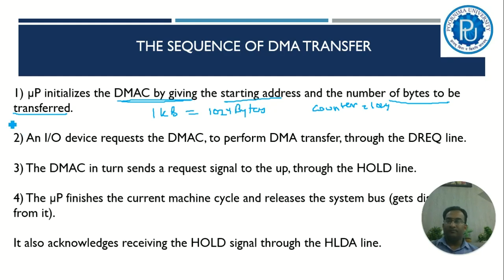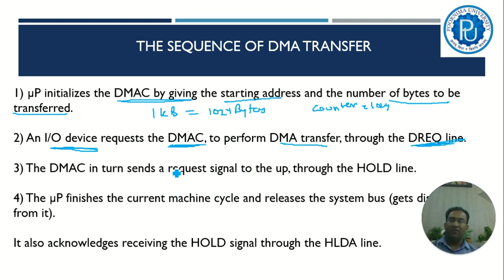Now what will happen? An input output device requests the DMAC. As I told you, this was the first step. There will be a request from the input output device to the DMAC to perform DMA transfer through the DREQ line. So through the data request line, this request will be sent to the DMA controller.